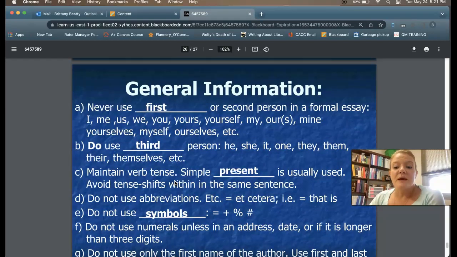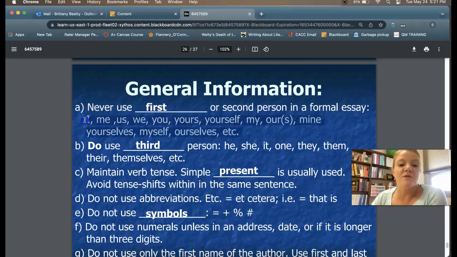Some general information about essay writing in itself. You never use first-person pronouns. We talked about this in another video. I have them listed here, and they're also listed in your handouts packet for English 101. These are the first and second person pronouns: I, me, us, we, you, your, yours, yourself, my, our, ours, mine, yourselves, myself, ourselves.